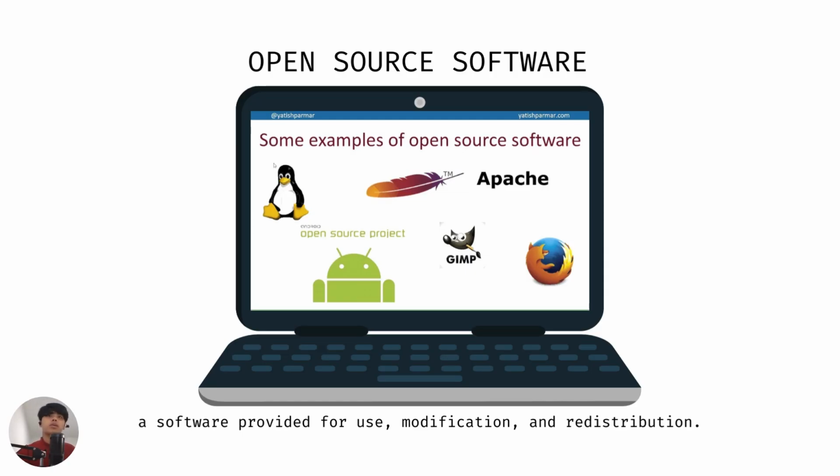Open source software, such as Android Studio, GIMP, Mozilla Firefox, and Apache, is software provided for use, modification, and redistribution. It means that there is no copyright holder and you can modify its internal instructions and its way of redistribution whenever you want.